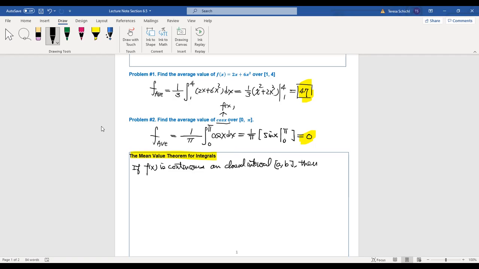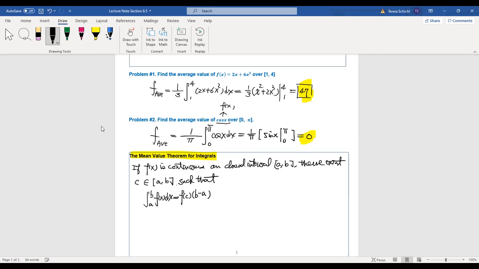So there exists a C, and this C is going to belong to this interval, such that the integral from a to b of f of x dx is equal to f of C times b minus a.